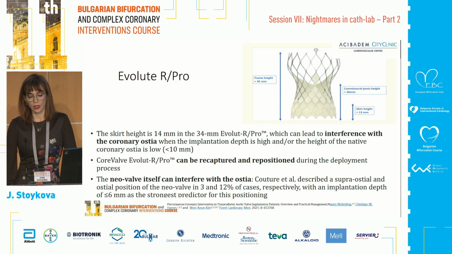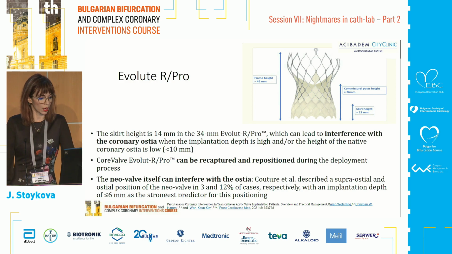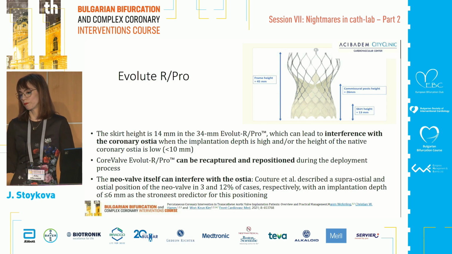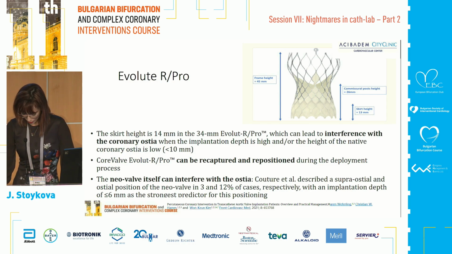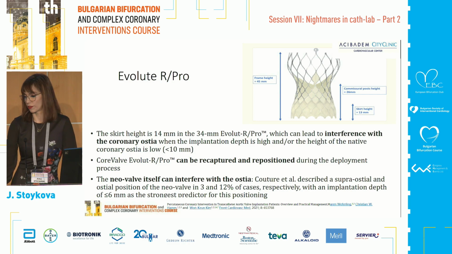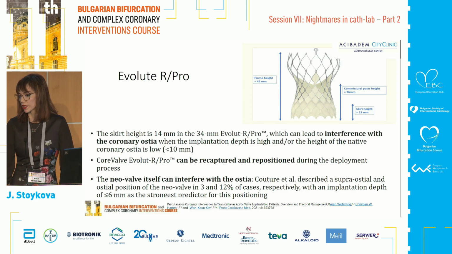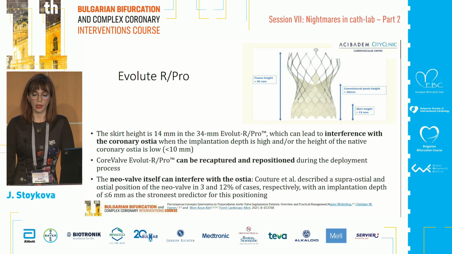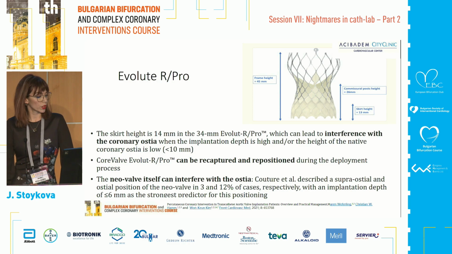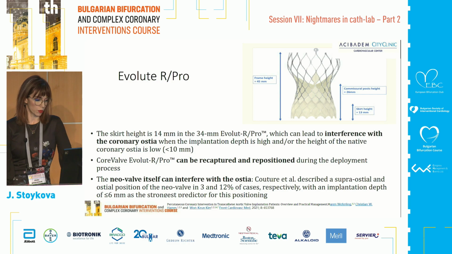And the valve we had in our patient is Evolut Pro, so the skirt is as high as 14 millimeters. And when we have the tendency of higher implantation of the valve, in order to prevent permanent pacemaker implantation, this may lead to occlusion or interference with the coronary ostia, but the valve can be recaptured and repositioned.